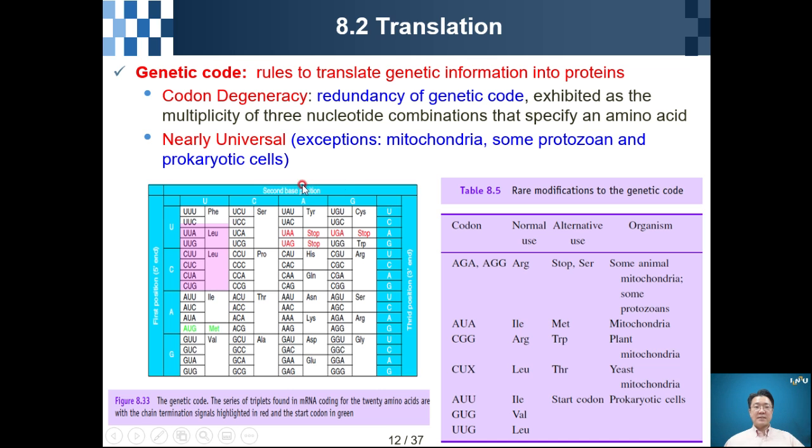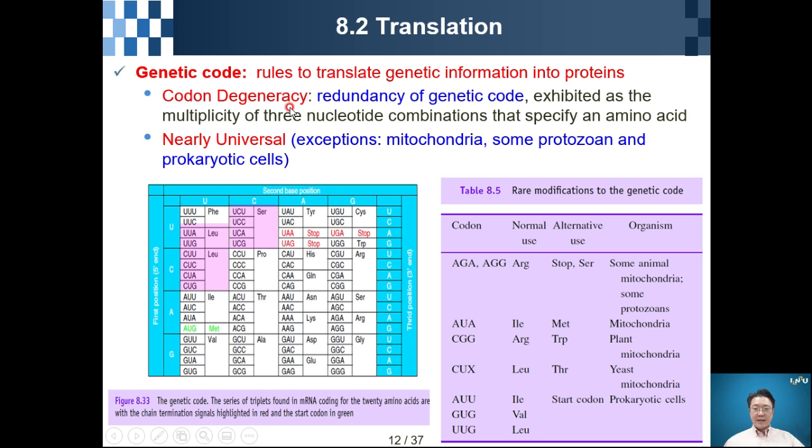So this is one example of codon degeneracy, the redundancy of the genetic code. Another example is UCU, UCC, UCA, and UCG, which also specify or encode serine. So this is another example of codon degeneracy.